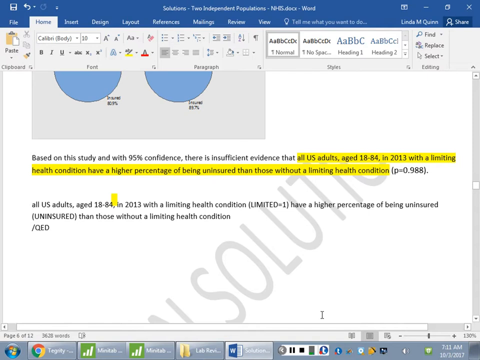I took out the limited equal 1 and the limited equal 0 and the uninsured, but I have that same phrase there. All U.S. adults with a limiting health condition have a higher percentage of uninsured than those without the limiting health condition. And I said there's insufficient evidence to say that. And I put my p-value at the end. Okay? So that's our two proportion problems. Let's talk about the mean problems next.